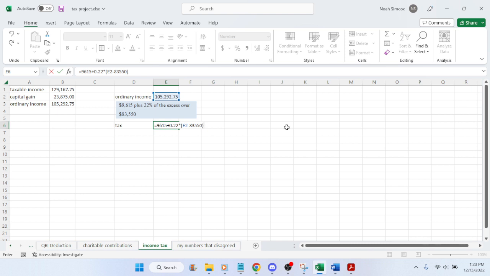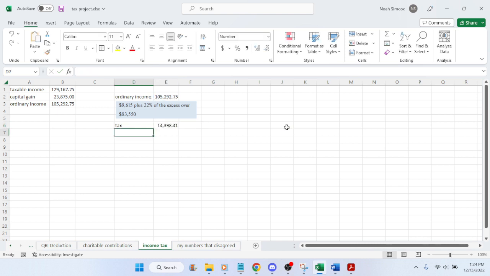So we have the tax is 9615 plus 22% times the excess over this number. So we've calculated the tax to be this.